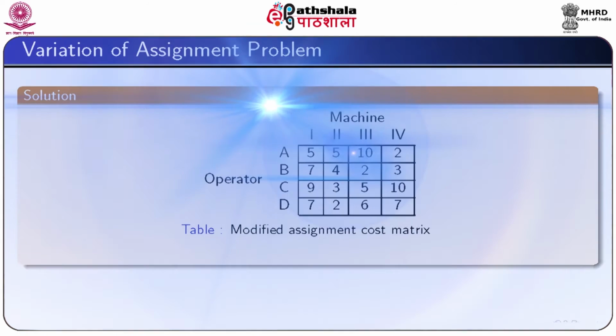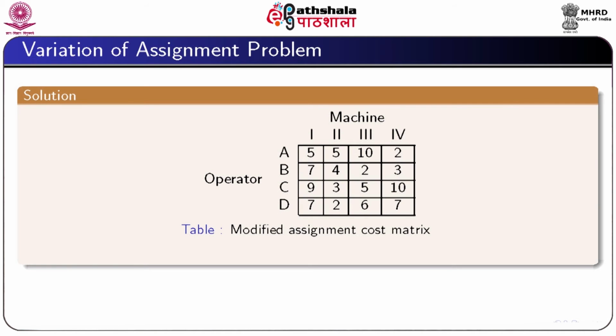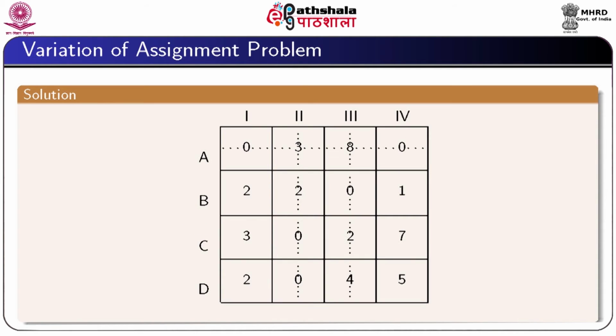For this problem, we assign a cost 10, which is greater than all the costs of the cost matrix. Then, following the algorithm of the Hungarian method, we subtract the smallest element of each row from all other elements of that row, and then we subtract the smallest element of each column from all other elements of that respective column, and then we draw the least number of horizontal and vertical lines.